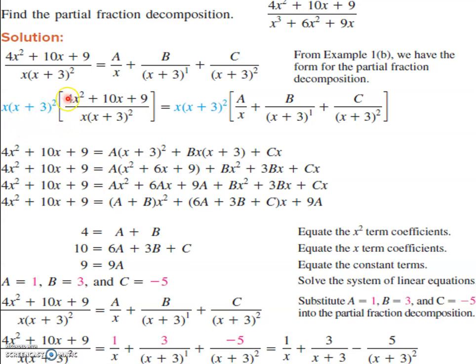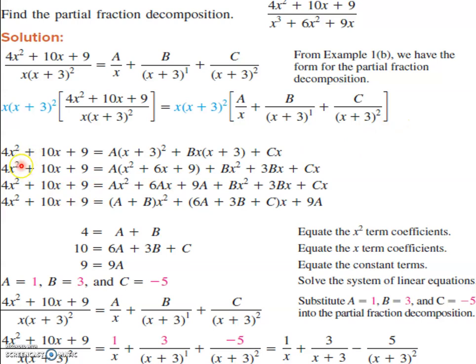Multiply x into (x plus 3) whole square on both sides: 4x square plus 10x plus 9 equals x into (x plus 3) whole square times capital A upon x plus capital B upon x plus 3 plus C upon (x plus 3) whole square.